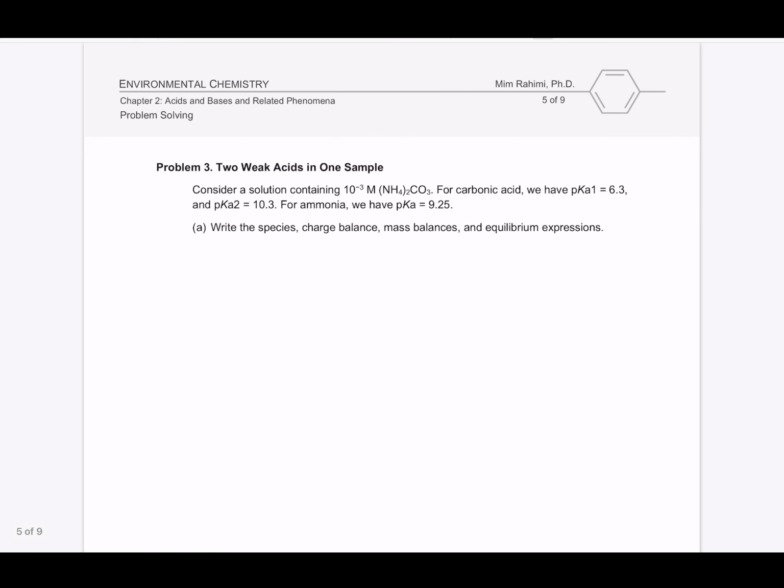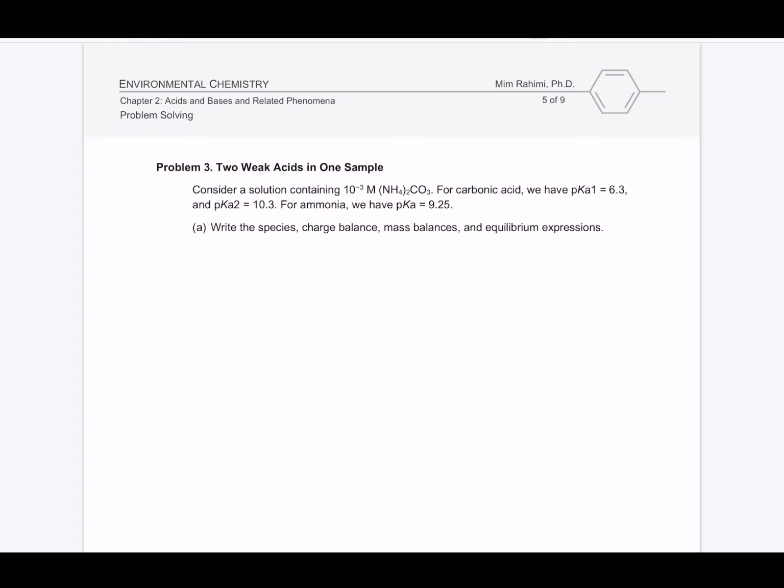So the third question is that we are adding a salt to a solution, and that salt contains both an anion and a cation that could introduce a new acid-base to the system.